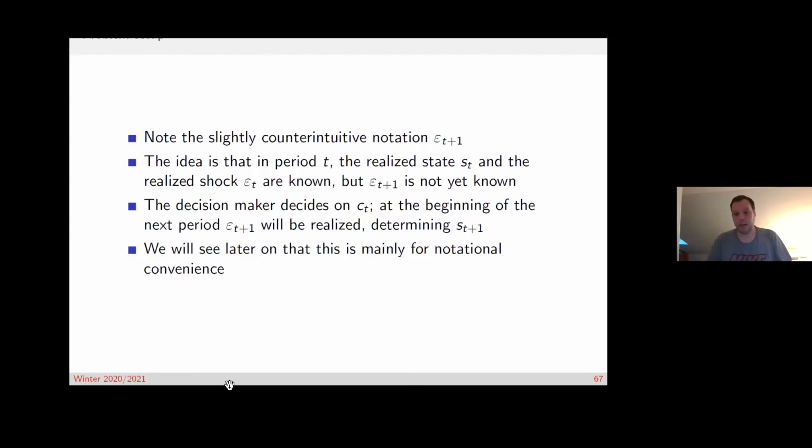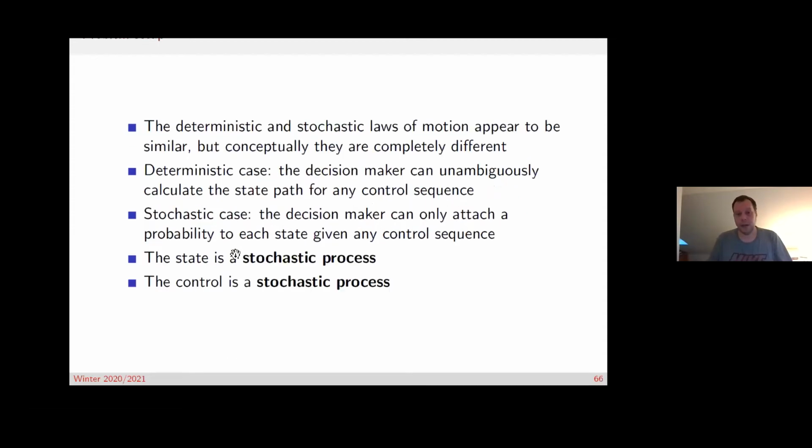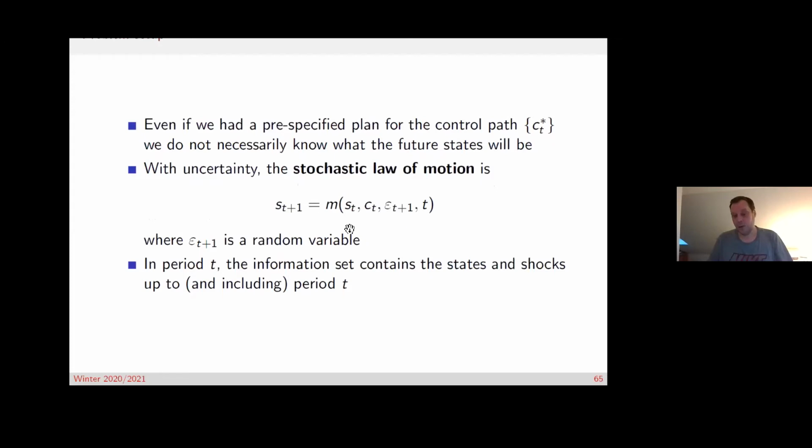So do not get confused that on this right hand side, where everything relates to now, we have the random variable relating to the next period. This is just saying, okay, this will be the realization at the beginning of the next period, when the new planning cycle starts.